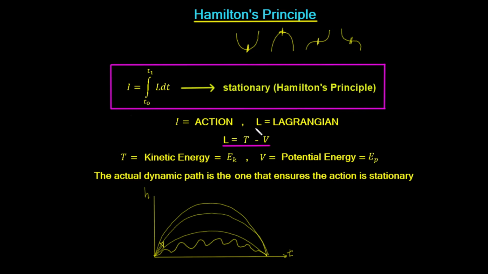So they're going to be minimized over the entire path. And whenever the value for the kinetic minus the potential energy is minimized over the entire path, then we know that this is the actual dynamic path that the cannonball will fly in, and this value for the action will, in this instance, be minimized.